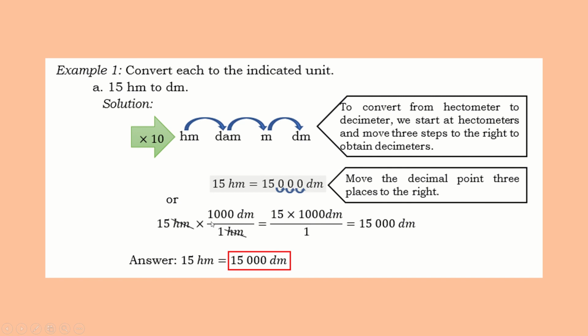So to cancel the hectometers, we have to divide the 1,000 decimeters by 1 hectometer. So now, hectometer is cancelled. Now, 15 times 1,000 decimeters over 1 is 15,000 decimeters.